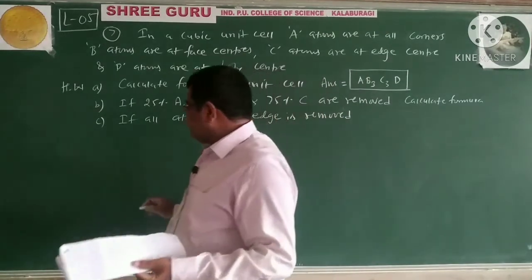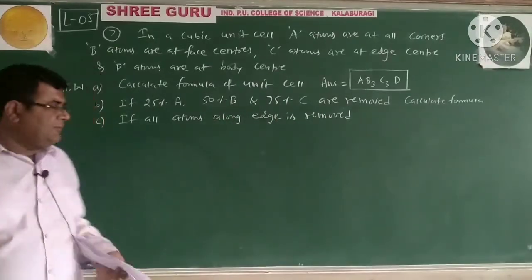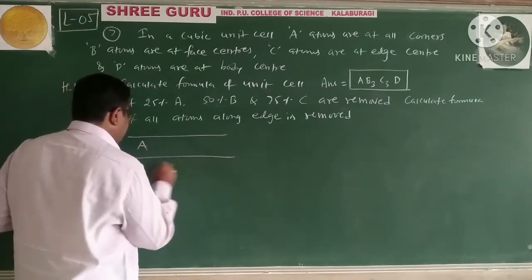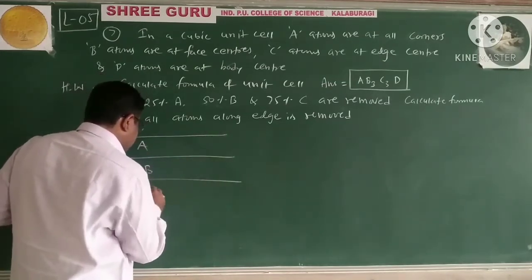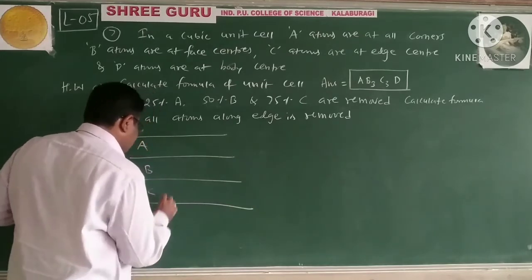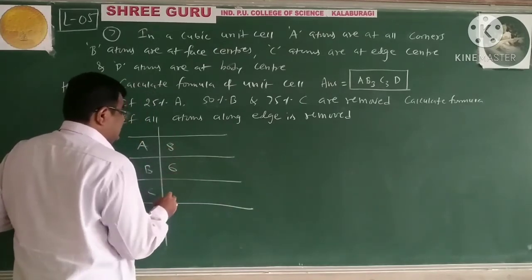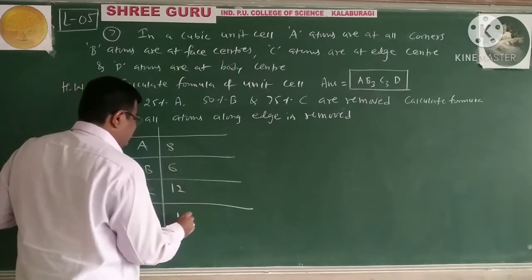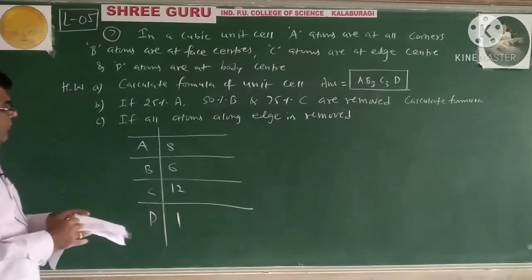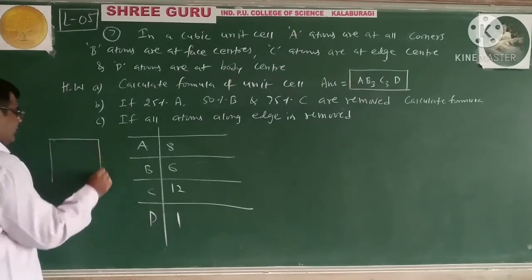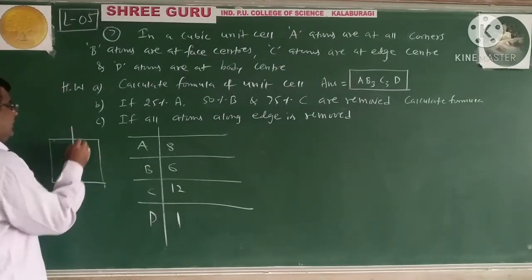So for that we write A, B, C and D. How many of each are present? 8, 6, 12, 1.